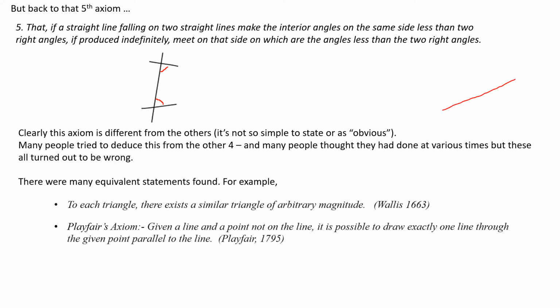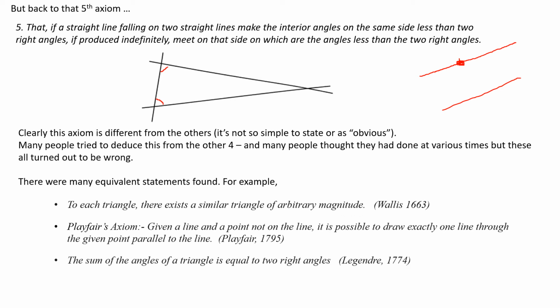So you have a line and a point not on the line. You can draw exactly one line parallel to it that passes through that point. Again, that seems fairly obvious, but it can't be proven from the other 4 axioms, or so it would seem. But it's equivalent to this other statement, number 5.